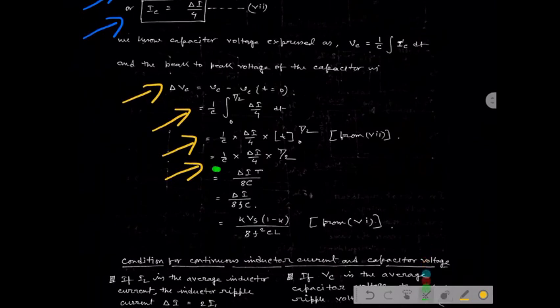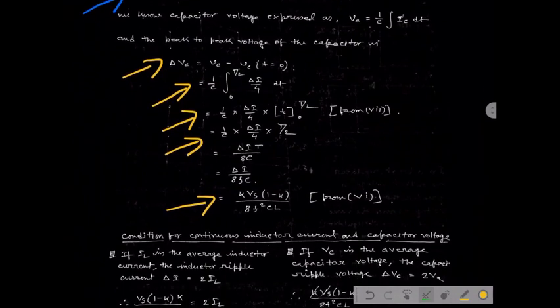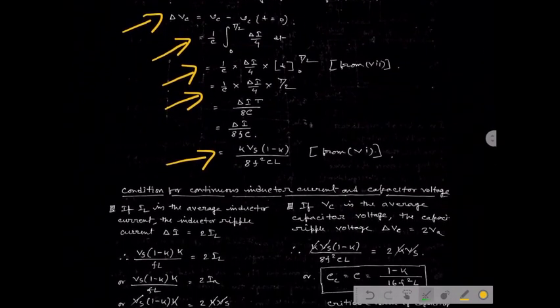After calculating the whole part, ultimately we get the result del VC equal to kVs into 1 minus k by 8 f square LC. This is the actual peak to peak ripple voltage across the capacitor. This is the expression defined by this one.